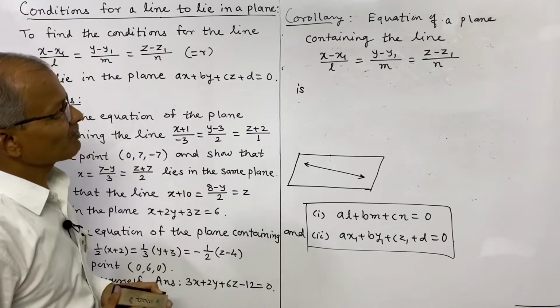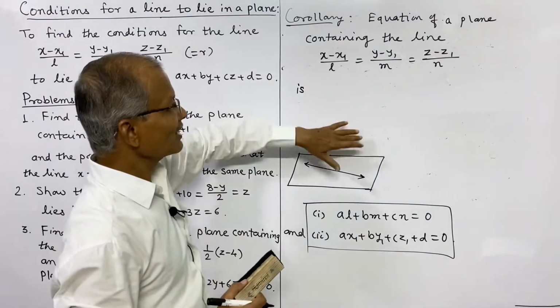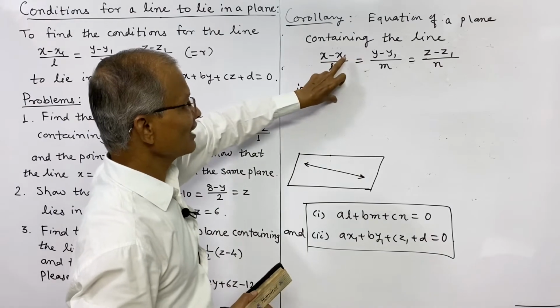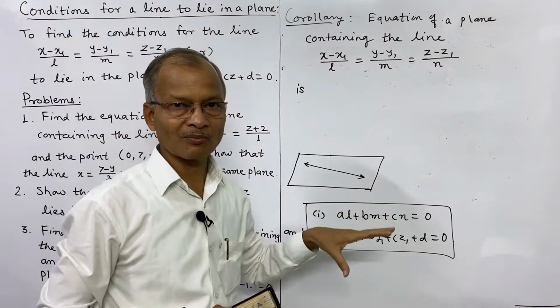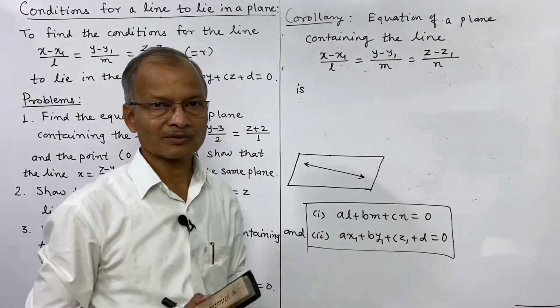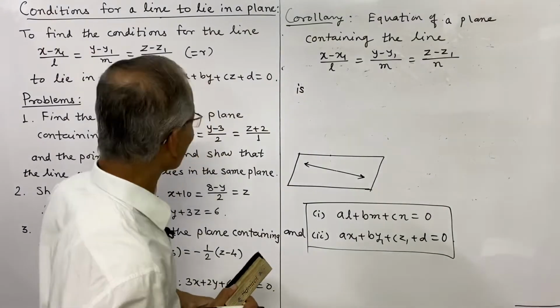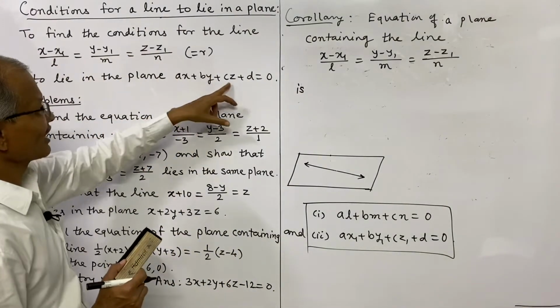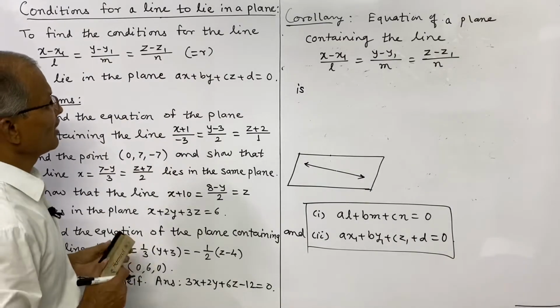Now what is the equation of the plane? The plane contains this line, which means the plane contains this point (x1, y1, z1), and we know how to write the equation of a plane passing through the point (x1, y1, z1). So instead of small abc, we may consider capital ABC, because small abc are used for the equation of the plane itself.